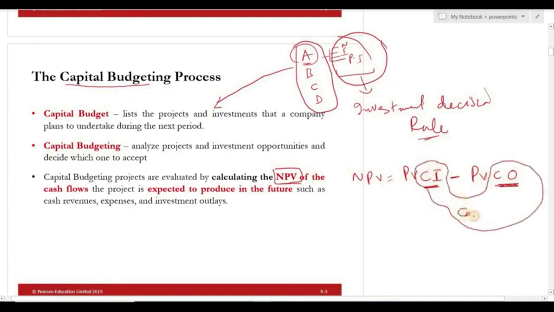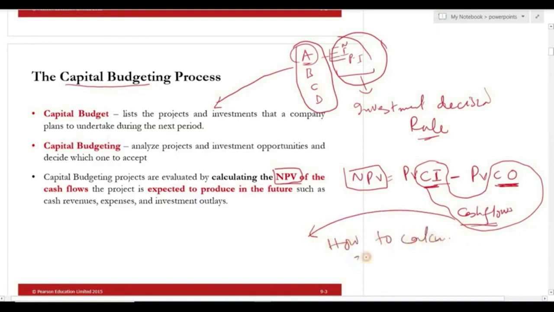So cash flows mean cash inflow as well as cash outflow. So when we are calculating NPV, one of the main components is the cash flow. We calculate its present value, and this chapter will talk about how to calculate cash flows. I will explain it in detail.